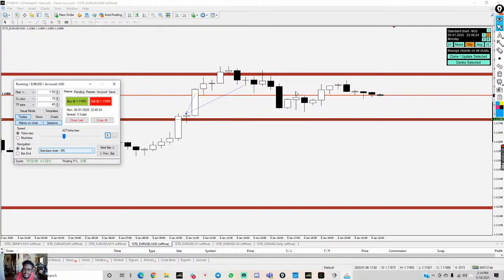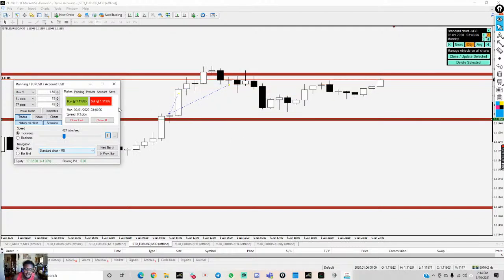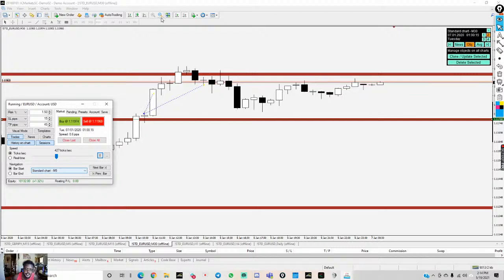So this looked like it was a bit of a break and retest, but currently we are still trading within the range.